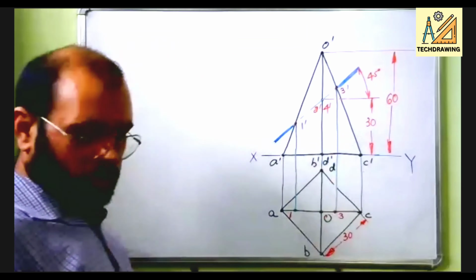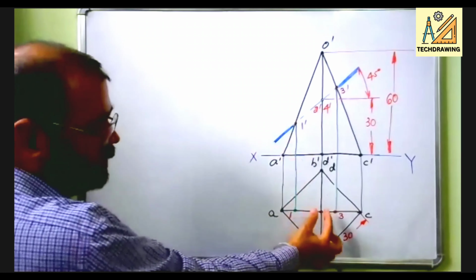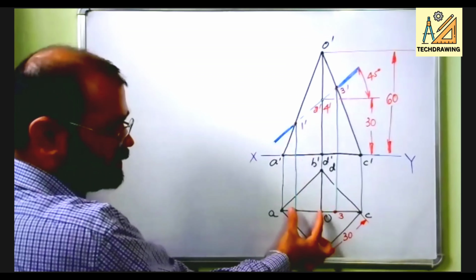So this distance will be small and this distance will be large. Vertically, horizontally, this distance is small, this distance is large. This is what I mean to say.